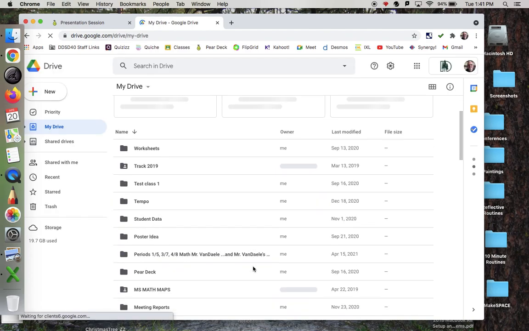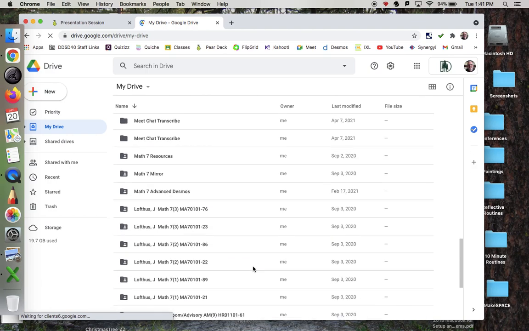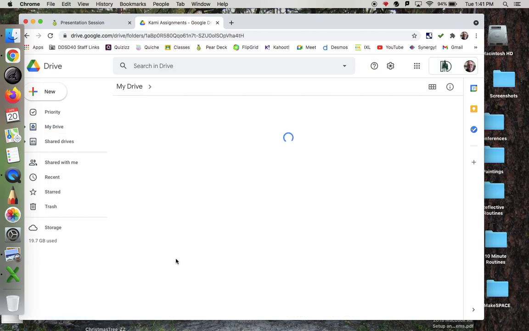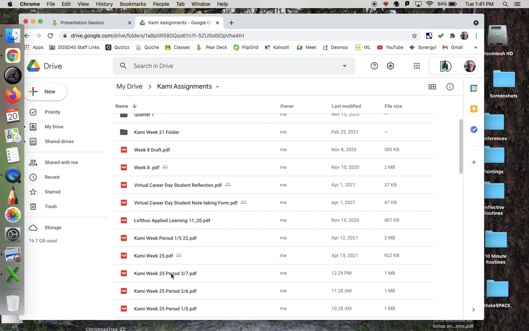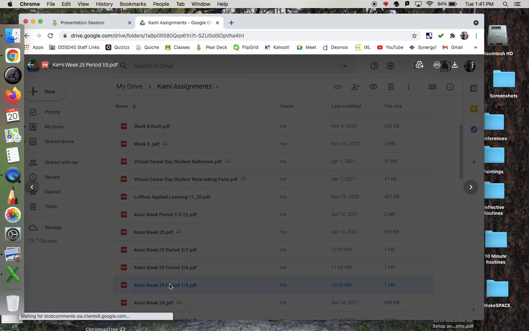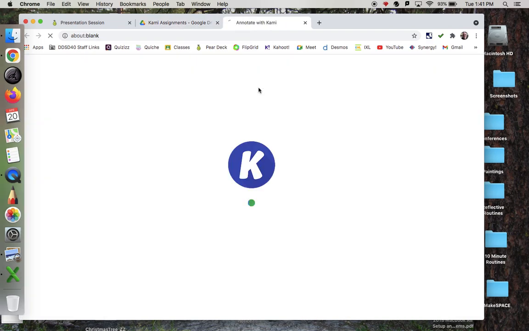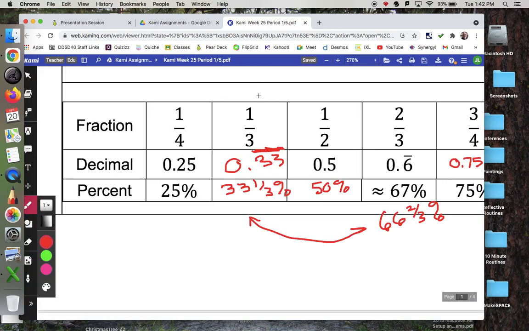I'll just pull up period 1, and we'll take a look at how far we got. Here are the Cami assignments. We're on week 25, and I'll just pull up what we did on period 1. So if you want to, pause when the words come up if you're trying to type those in.